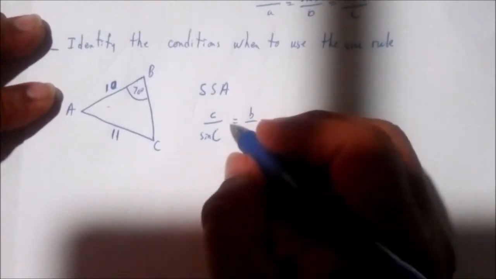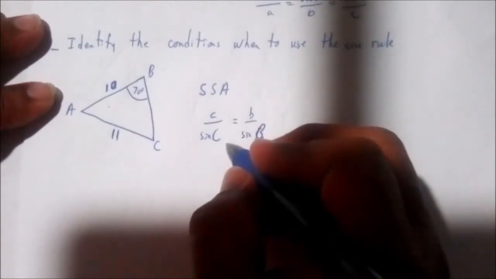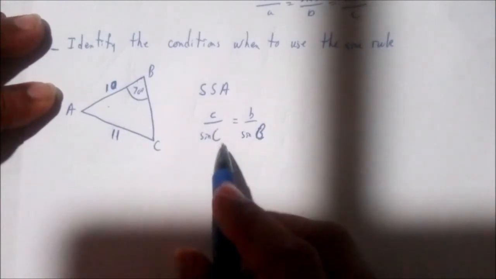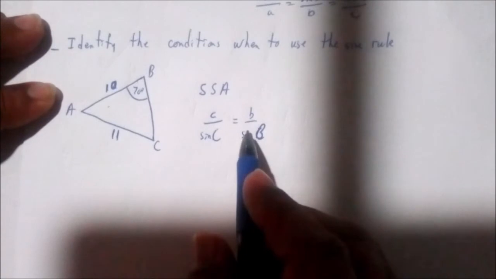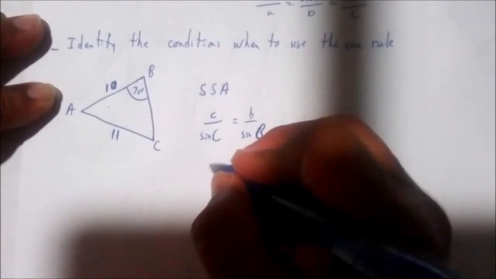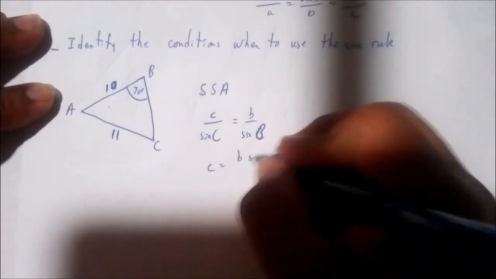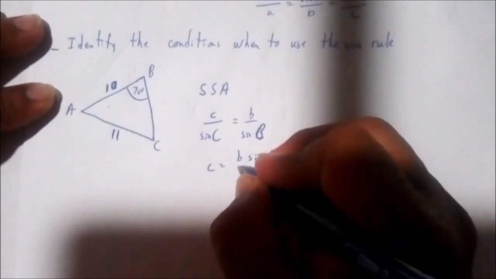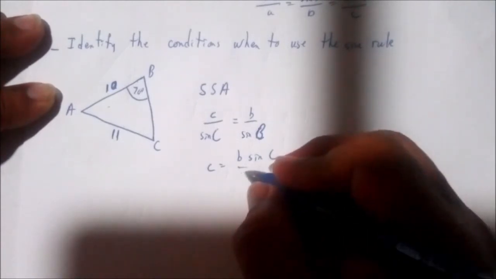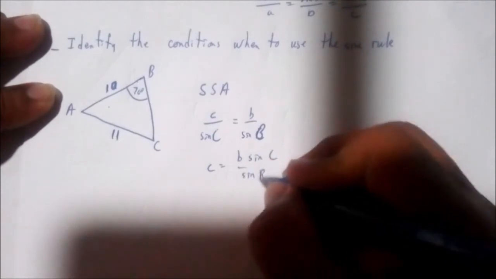The next step is for us to substitute into the equation, or we can rearrange the equation so we can solve now for angle C. So we cross multiply, and we end up with c equals b sine C. Now we're looking for sine C, and we end up with sine B at the bottom.